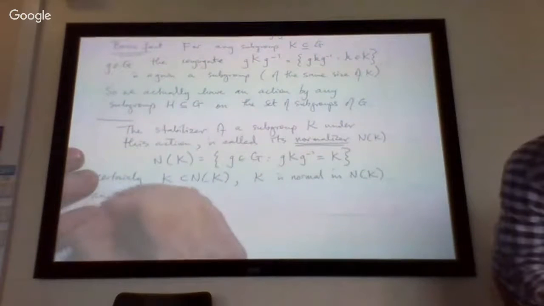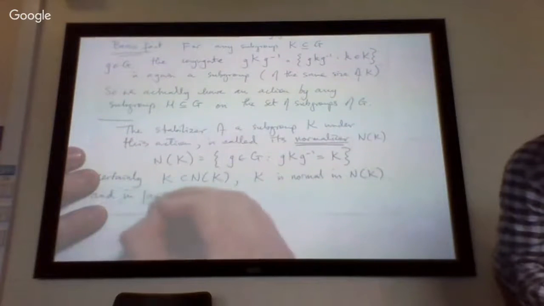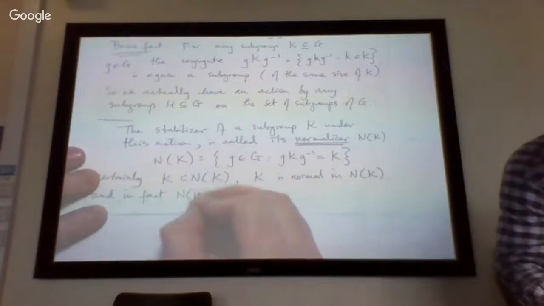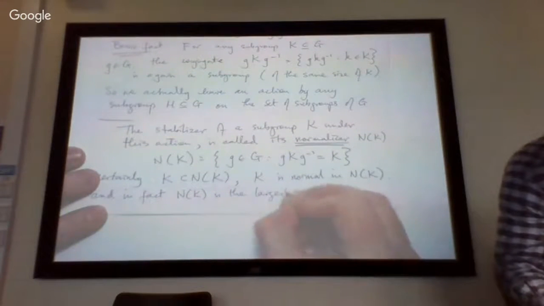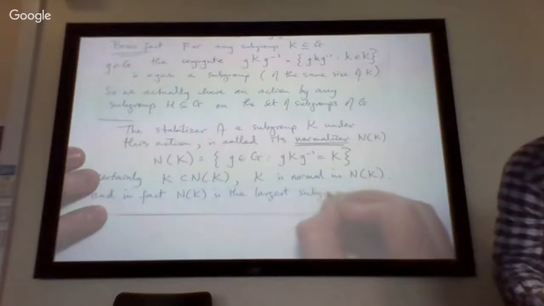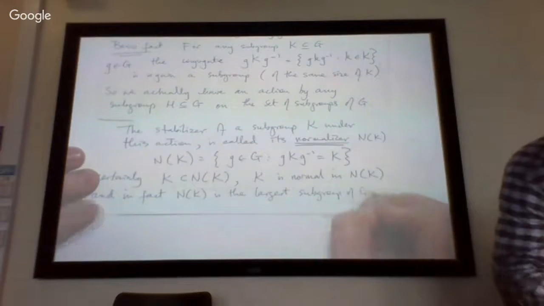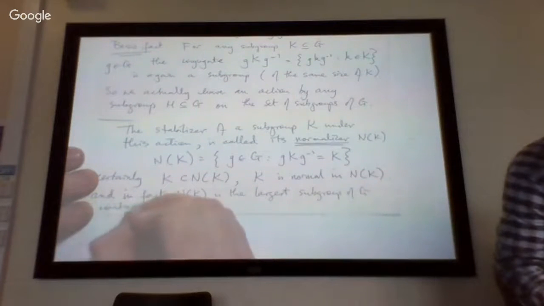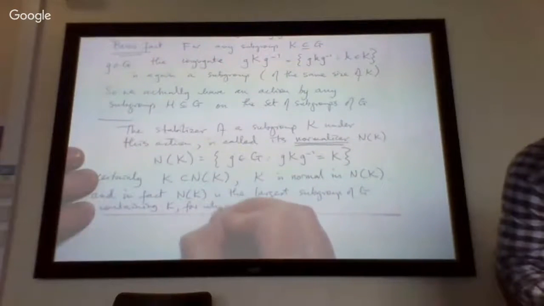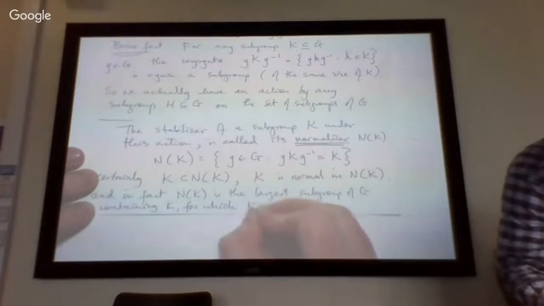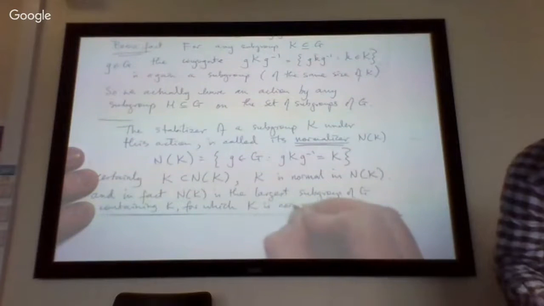And in fact, NK is the largest subgroup of G containing K which has this property, for which K is normal in it.